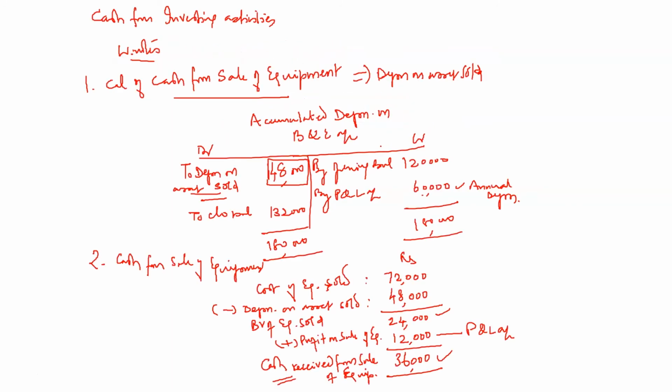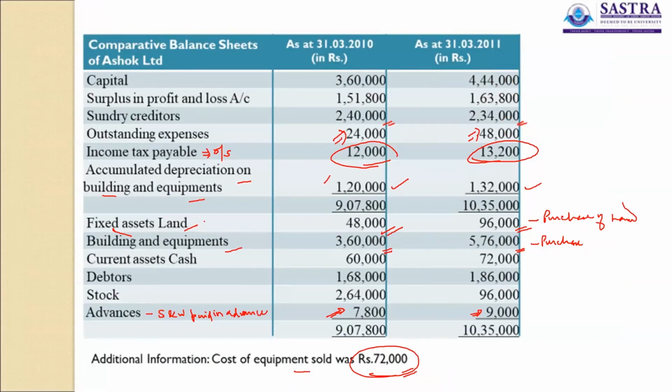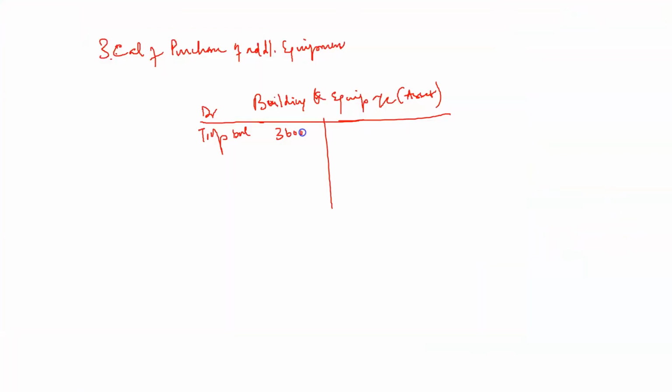As per the balance sheet, opening balance is 3,60,000 and the closing balance is 5,76,000. All in terms of rupees.